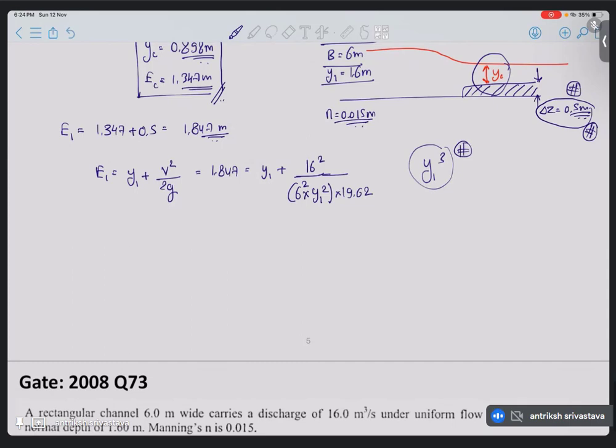So let's see what this cubic equation is that we are going to get. This is one of the reasons why I feel that this problem is not going to be in any of the GATE exams, because solving a cubic equation, there is no straightforward method that I am aware of, or I think there is.